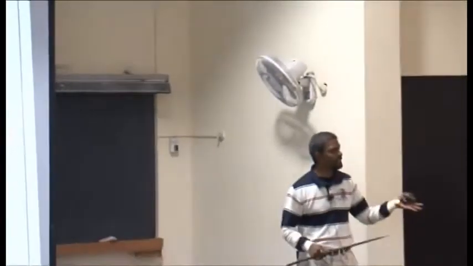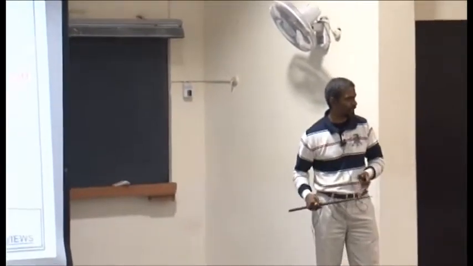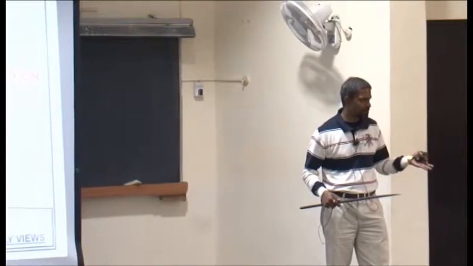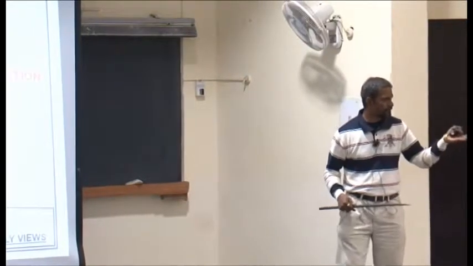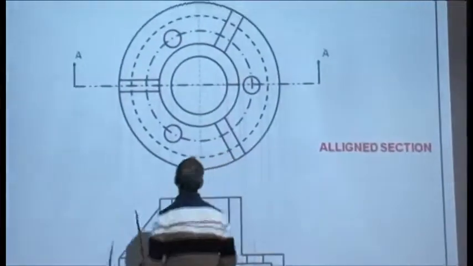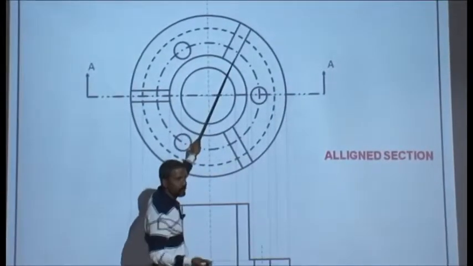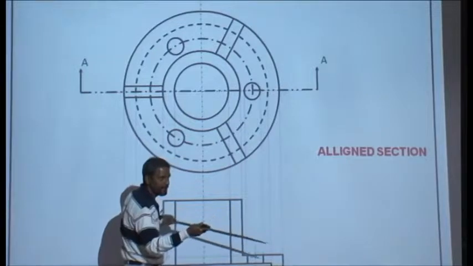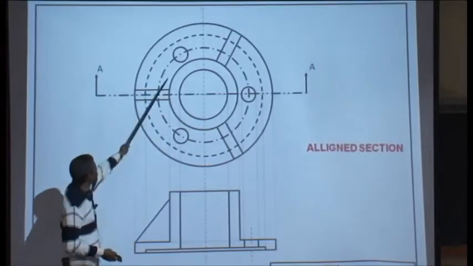So what you're saying is whatever information that is left, you're trying to retrieve it now using projection rules. You're going for that. So you're saying, fine, this rib is something that we have not shown. So let's use projections and try to show the rib. How about this hole?